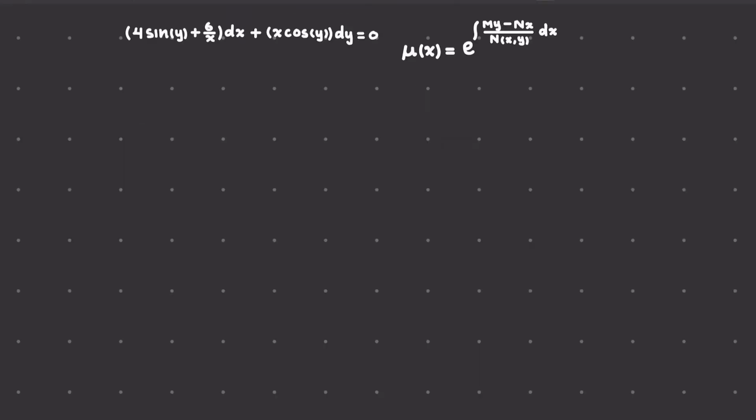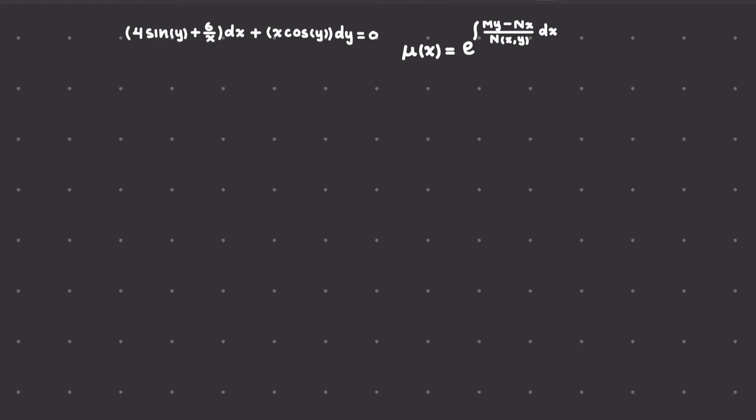Hi everyone, so this is our first example for today's almost exact differential equation. We have here (4 sine y + 6/x) dx + x cosine y dy = 0. And we know that this is in the general form of an exact differential equation.